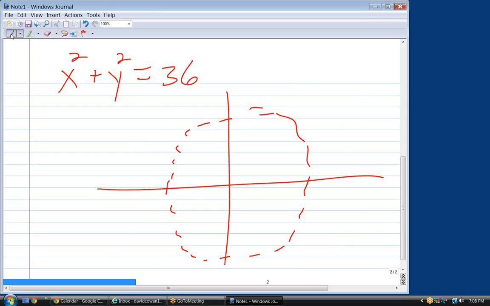If you give me an xy coordinate and ask if it's on the circumference, when I plug in my x and y coordinates, it has to equal 36. That would put it on the circumference. If it's greater than 36, it's outside the circumference. If it's less than 36, it's in the circle.